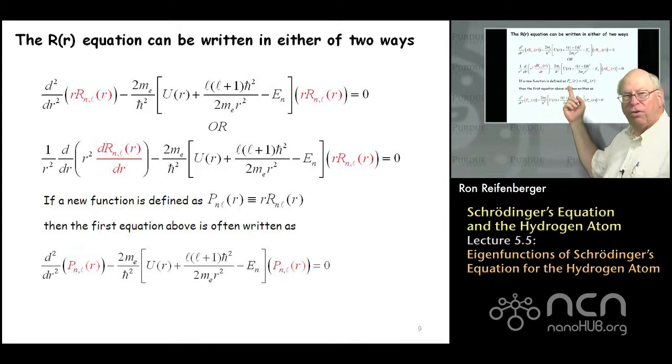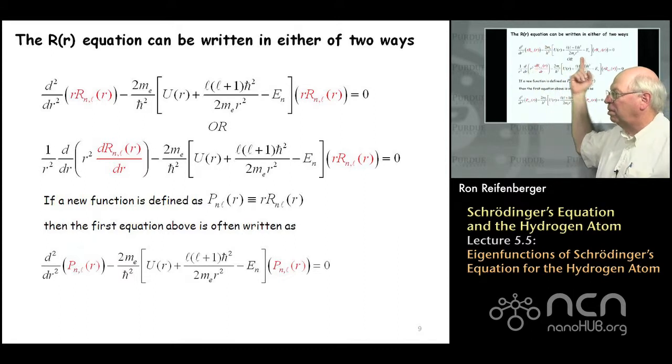Very often you'll find textbooks that define a new radial wave function, capital P, which is equal to the radial wave function capital R times the coordinate position small r. You can see why this definition follows. It's motivated by the first form of this differential equation.